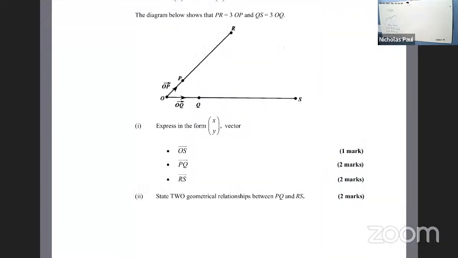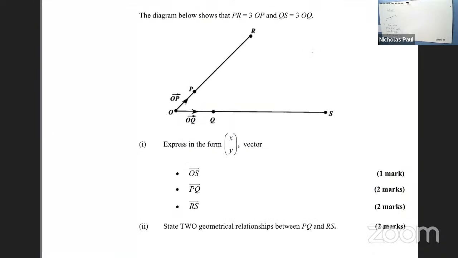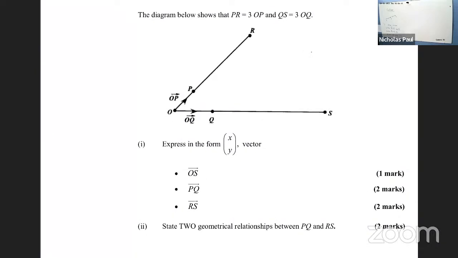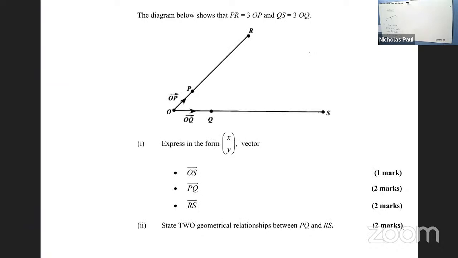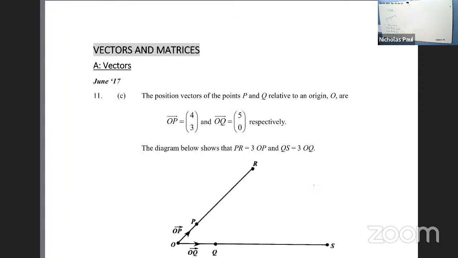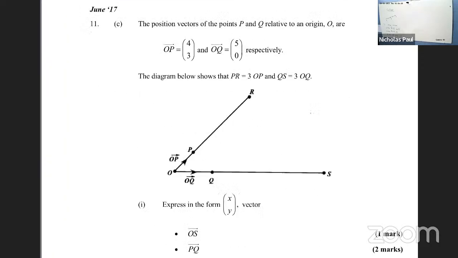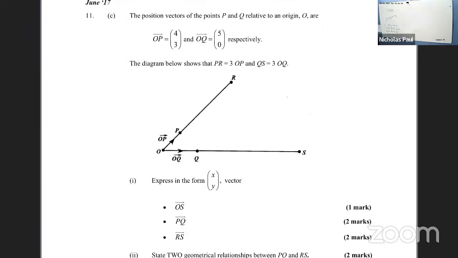Let's try this here. This is 2017 June. All right. So let's do my favor. Write down the information and pick the diagram.